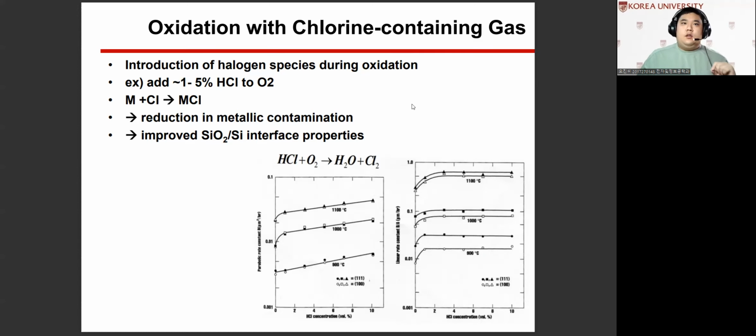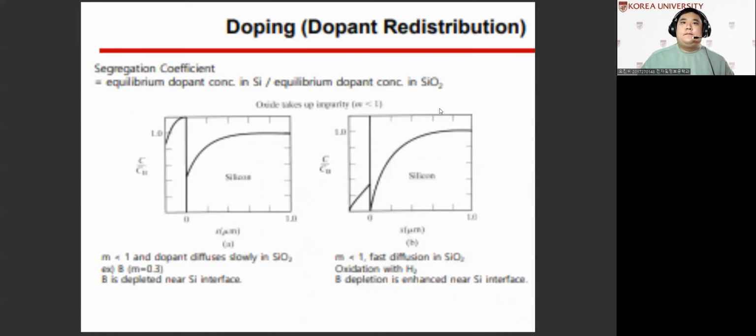With this, the chlorine gas picks up the unwanted particles and gets them out. So this can reduce the contamination.